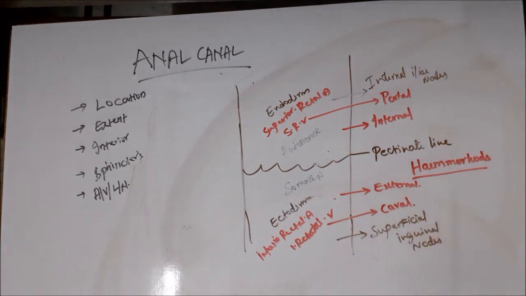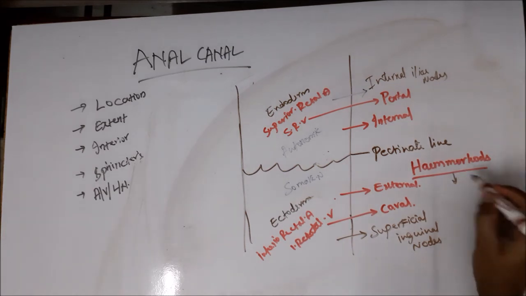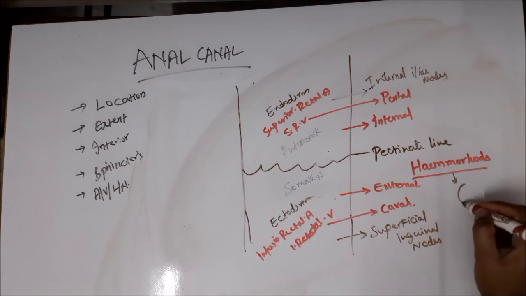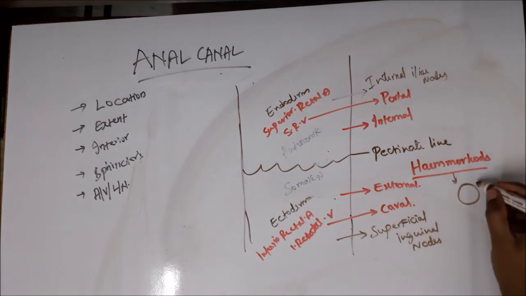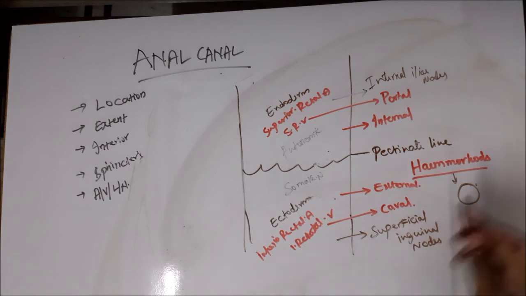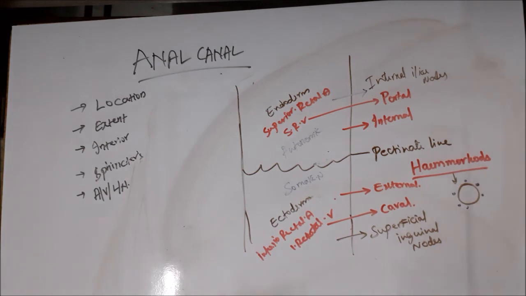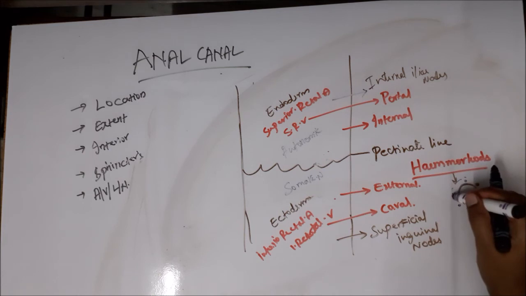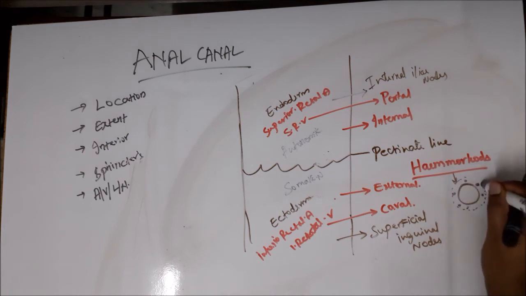So what is the basic thing about hemorrhoids? As you have seen in the anal canal, the innermost layer is the mucosa, then followed by the venous plexus, then followed by the internal anal sphincter.